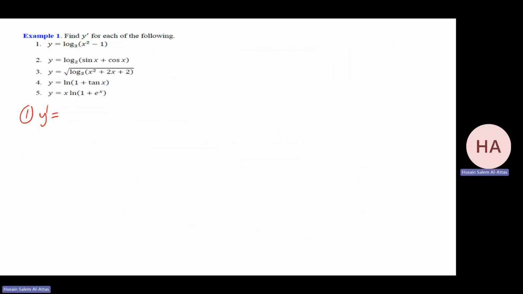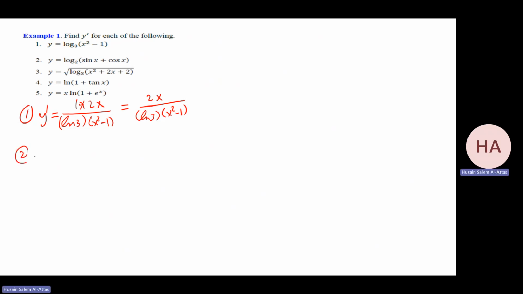We'll do the same. So it will be 1 over ln a, which is ln 3, times u, x squared minus 1, times the derivative of u. So that will be 2x over ln 3 times x squared minus 1.